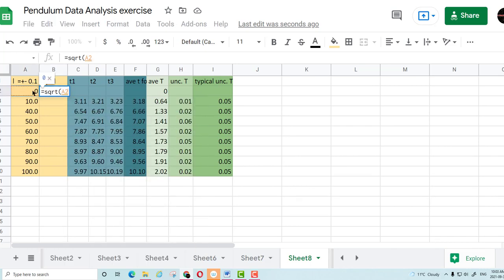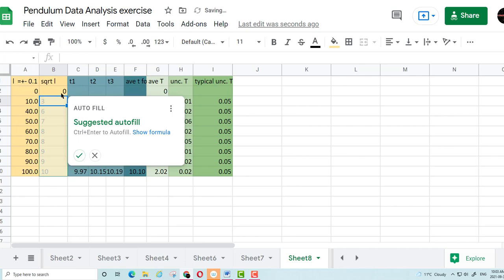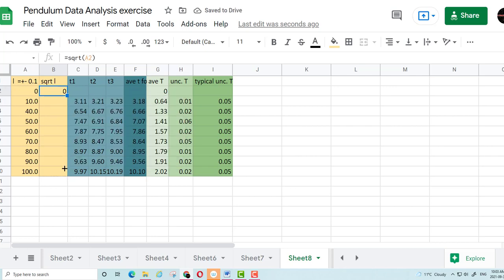And there's my cell with the value. And now I just need to pull this down. And there are all my square roots of those numbers. I need some more decimal places here. So let's add a decimal place. I'll give it 2 decimal places.